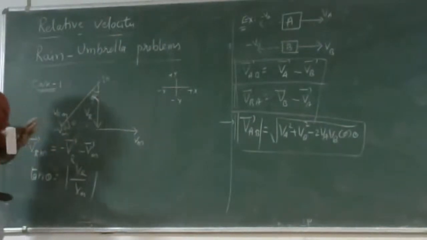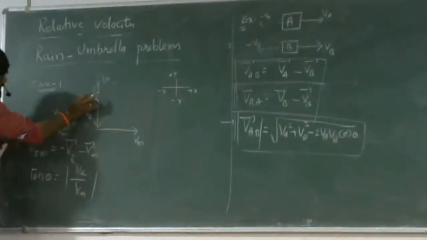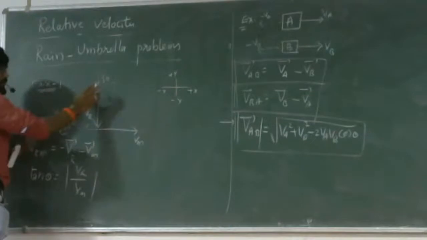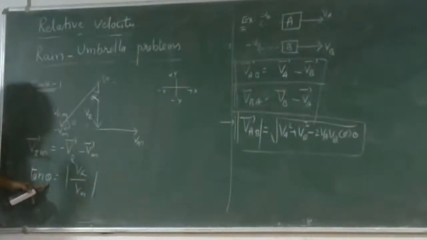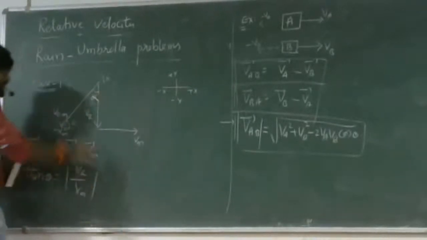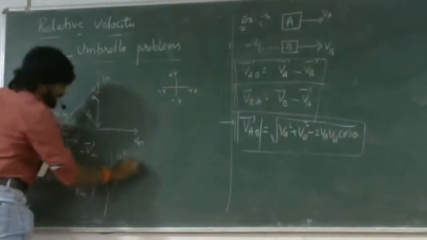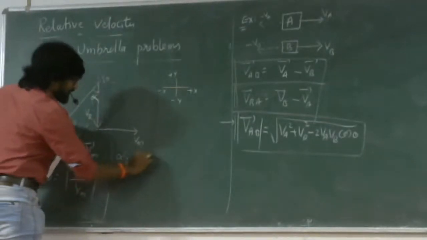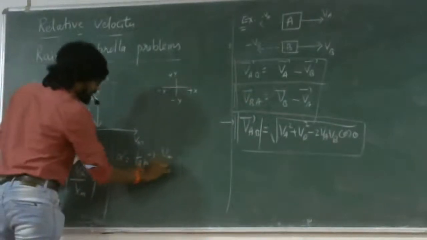Alpha and alpha. To understand this, we consider this is a right angle triangle only, but for this angle, this is the opposite side, this is the adjacent side. So in that case, the direction of the umbrella with respect to horizontal is theta, whereas with respect to vertical, alpha is equal to opposite side by adjacent side, that is tan inverse of opposite is Vm, adjacent is Vr, Vm by Vr.